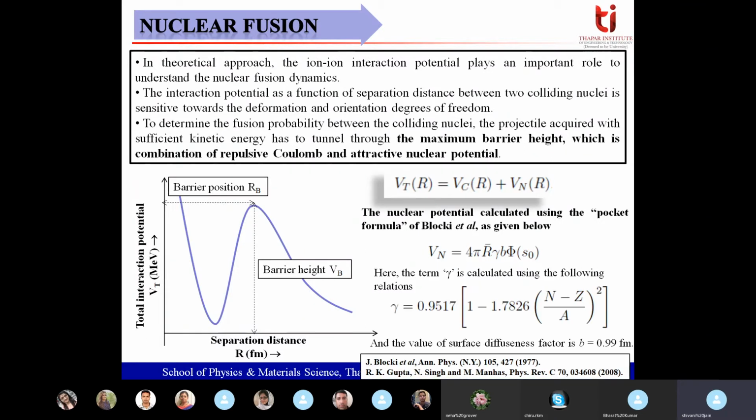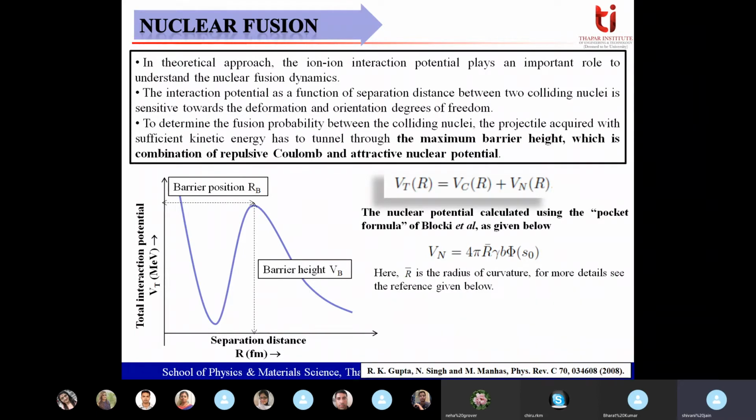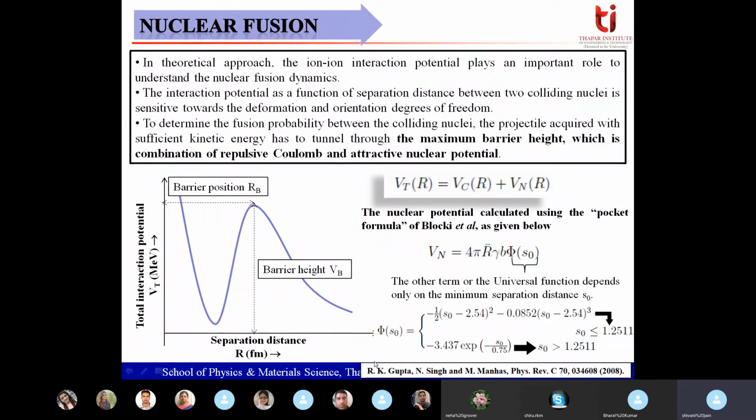And b is the surface diffuseness factor, which has a value of 0.99 Fermi. Now R bar is the radius of curvature. For more details, one can follow the reference given here. And the second expression of the proximity potential is called the universal function and depends only on the minimum separation distance and is expressed by this relation.